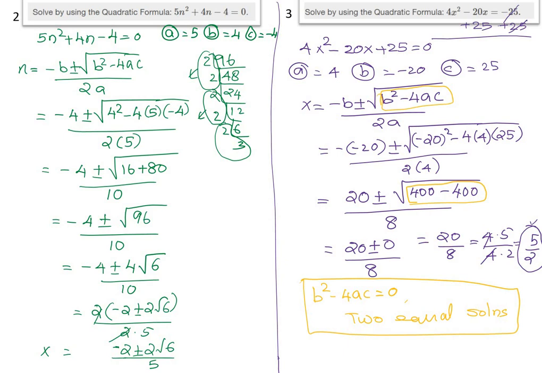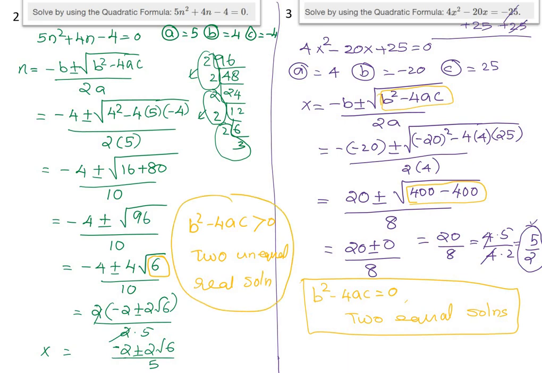But if you go back to the previous problem, here b square minus 4ac is a positive number. If b square minus 4ac, the term inside the radical, is a positive number, then we have 2 solutions, and 2 unequal solutions, right? The solutions are not equal, 2 unequal and real solutions.